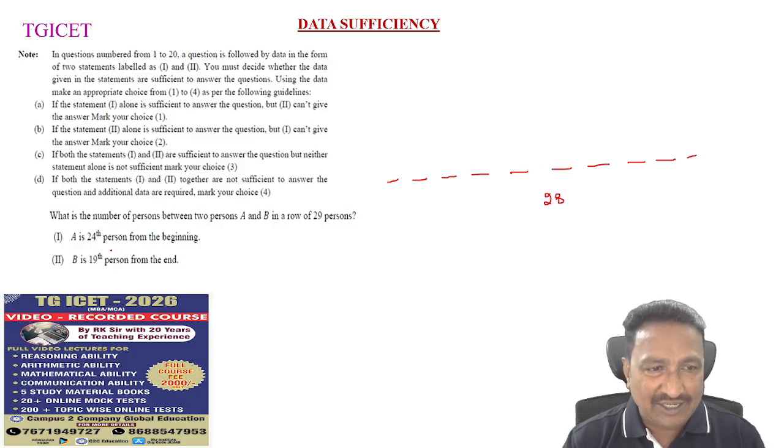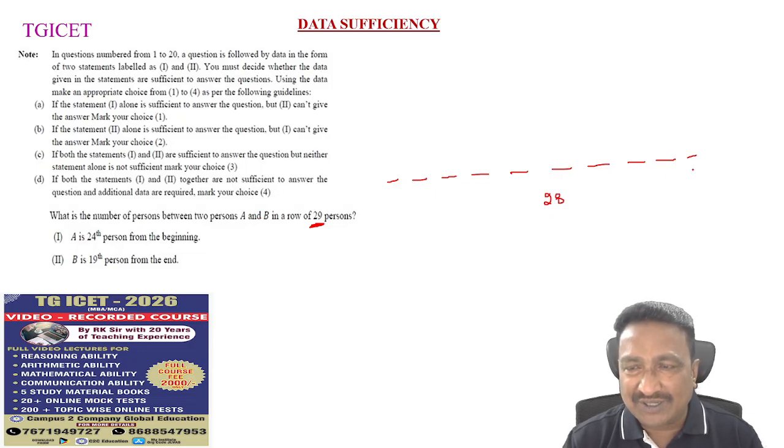Now look at the first statement. What is the first statement? A is the 24th person from the beginning. There are 29 persons in total from first to last. Let us take A as the 24th person from the beginning.